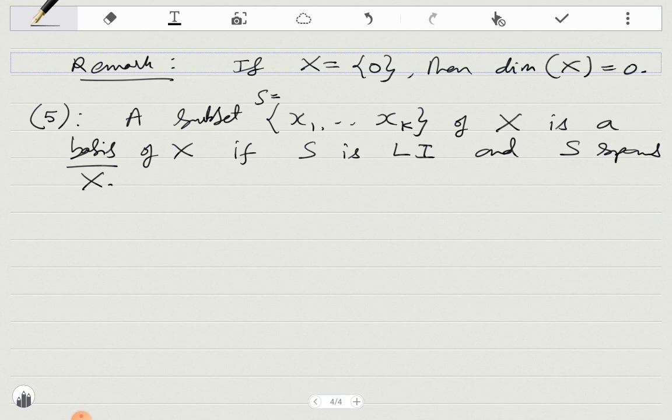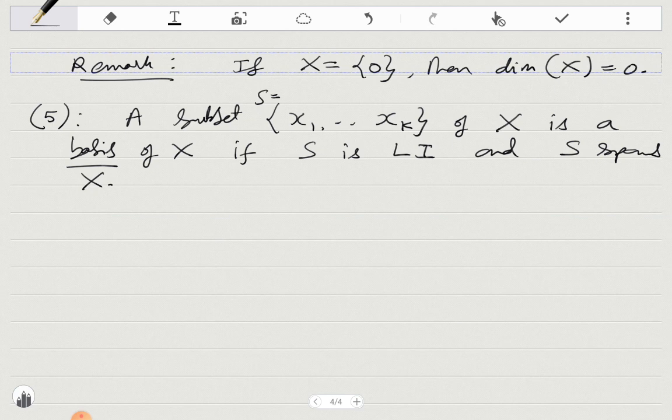Now, if you have a basis, the fact that these are linearly independent will imply that the way of writing an element of X as a linear combination of these elements is unique.